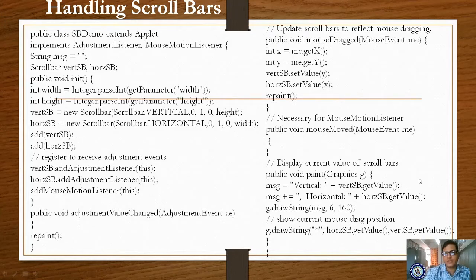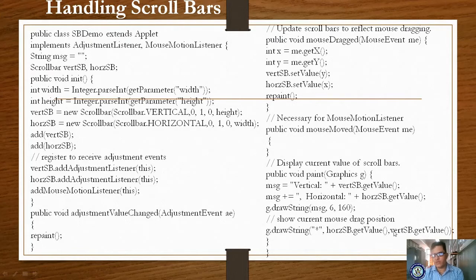Whatever value exists, whatever value you assigned, will be displayed. So g dot drawString displays the message at the 6,160 location. Also g dot drawString star with the horizontal scroll bar dot get value. So whenever you mouse drag the position, it will display the message as a star at whatever the dragging location is.